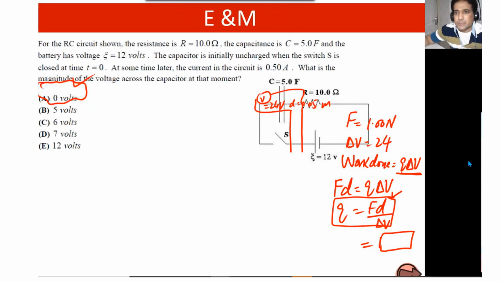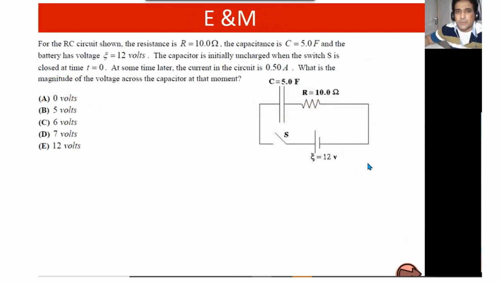Now try this one. Something you need to understand is that the voltage across the battery at any moment has to be equal to VC plus VR, by Kirchhoff's second law, KVL.